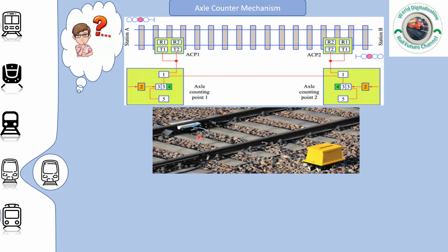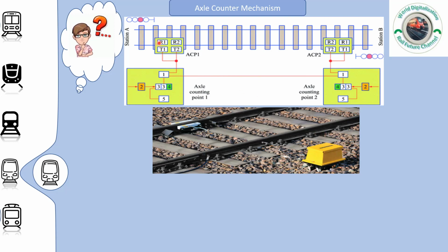As illustrated in the picture below, we have the axle counter head. This is the receiver installed inside the track, this is the transmitter installed outside the track, and this is a connection box.